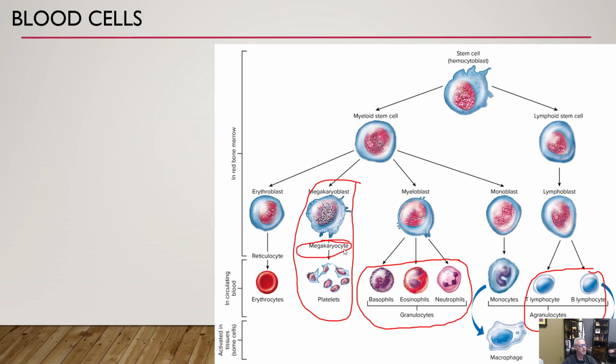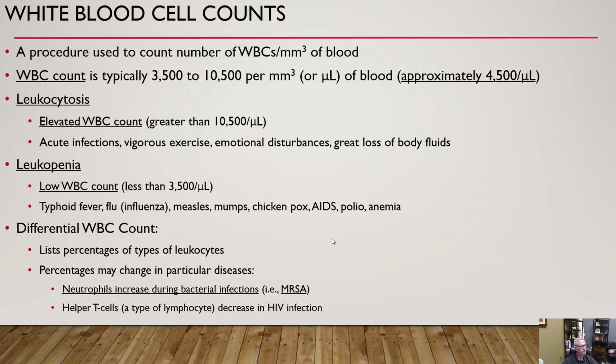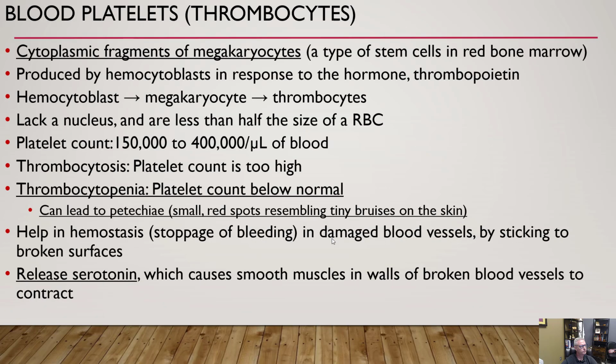Megakaryocytes get converted into platelets. They do not have a nucleus. They're very small. Platelet counts run from 150,000 to 400,000.